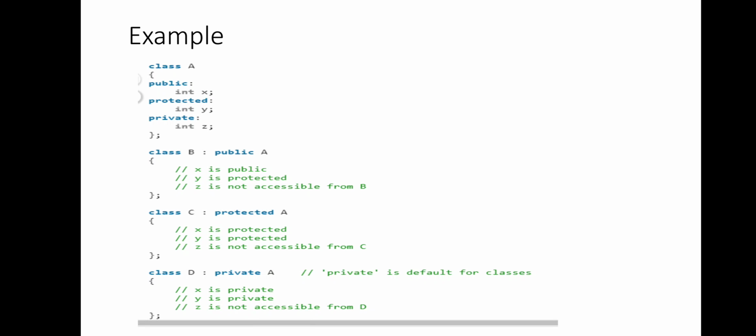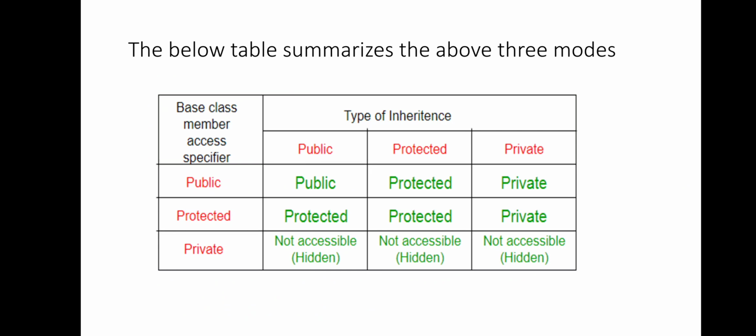So we can say these modes can be summarized as shown in this table. As the base class member is public and the type of inheritance is public, so it's public.